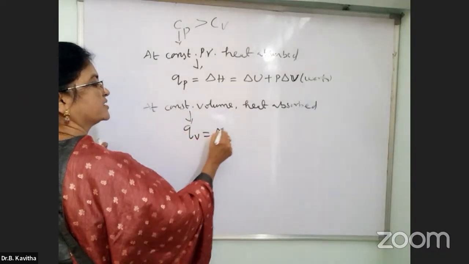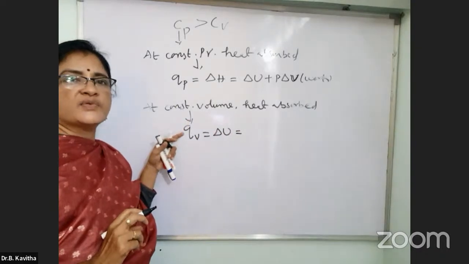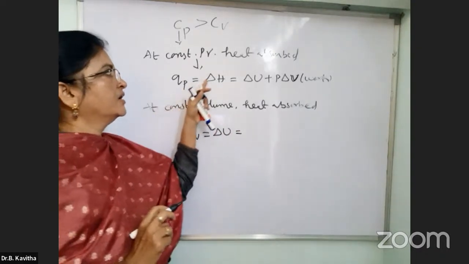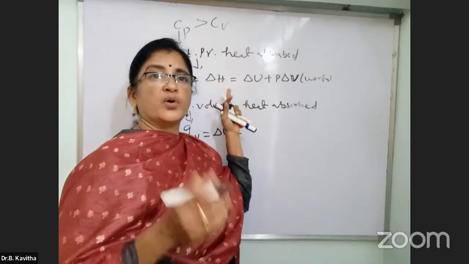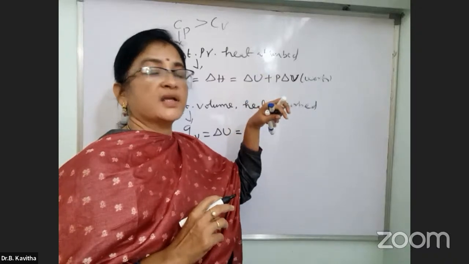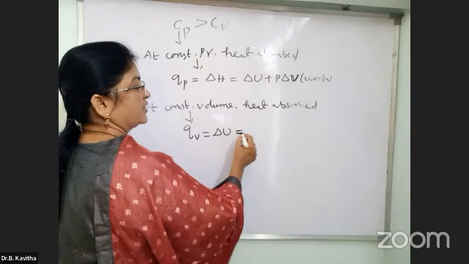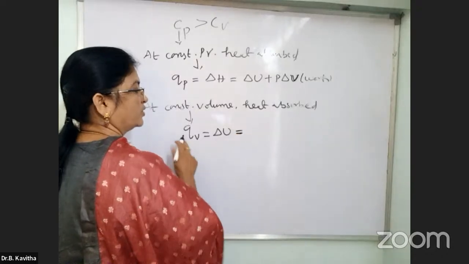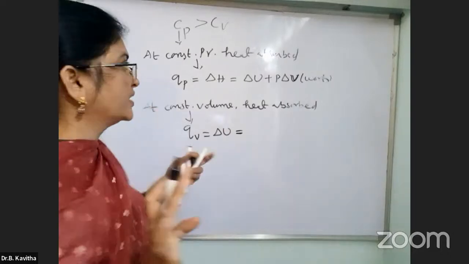What is Qv? It is delta U. ప్రతి ఒక్కరికి గుర్తుండాలి. Whenever heat is absorbed at constant pressure, it will be utilized in increasing the enthalpy of the system. Enthalpy is nothing but both delta U and W. And delta U అంటే రెండు ఇంక్రీజ్ అయితే మనకి. But at constant volume, Qv is equal to only delta U. Nothing else.